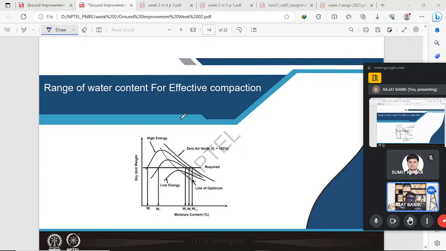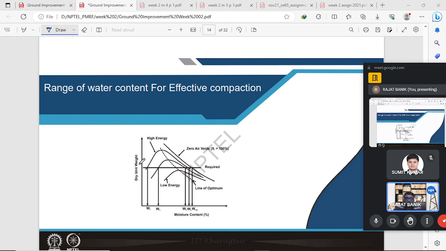But what is the range of the water content for which we get the maximum dry density in field condition? We also know that if we increase the compactive effort or energy, we always get a higher compaction curve, also moving to the left side of the graph.